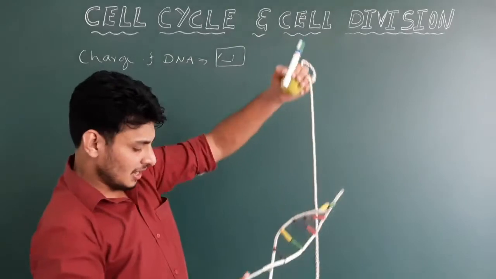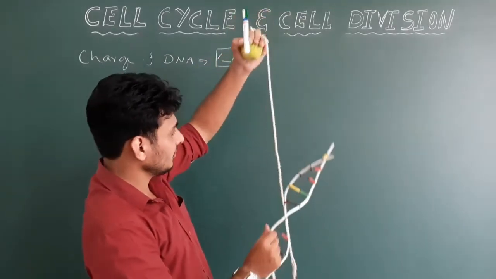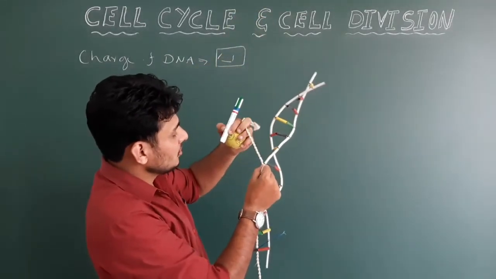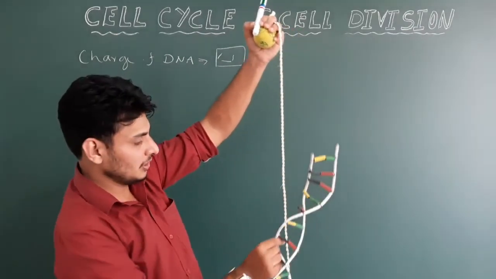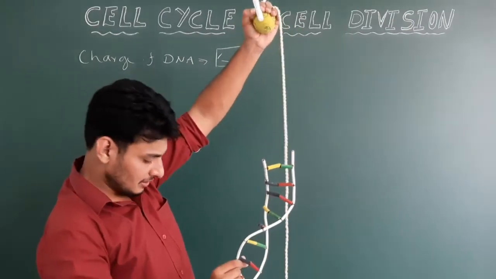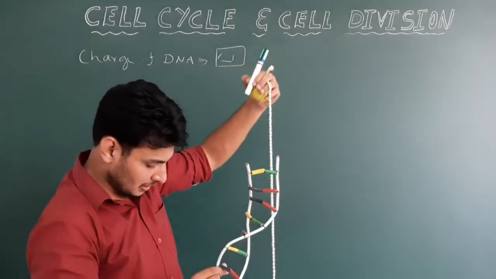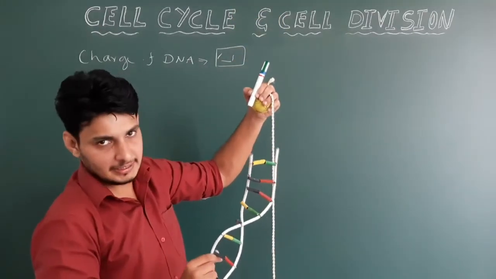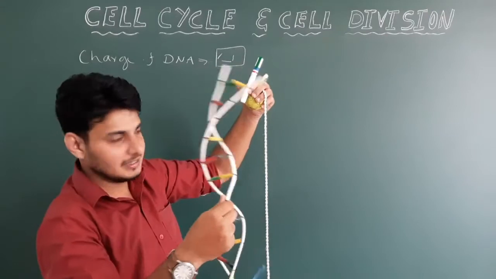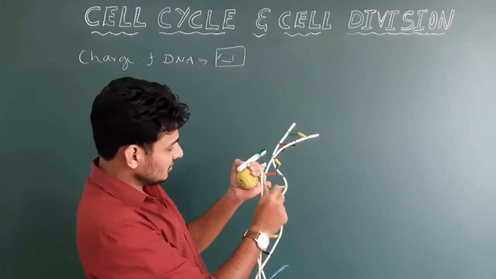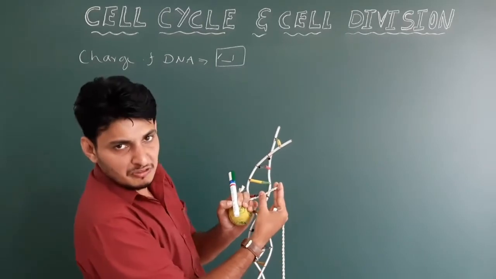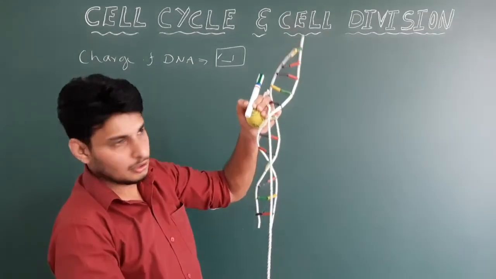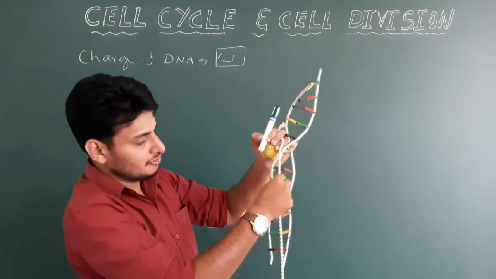That means I have got a huge thread here which contains 2 threads which are spirally, helically coiled, and the length is very long, approximately around 1.5 meters. So this is the real DNA. I have taken this from a small patch, from a segment of this entire length. Got it? This is a magnified image of this.